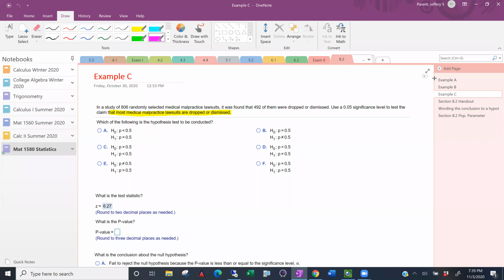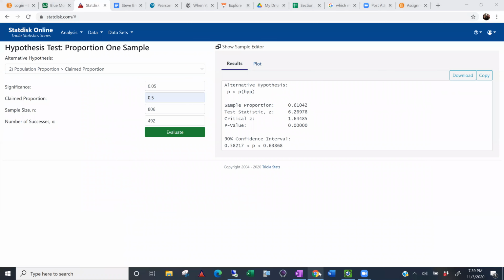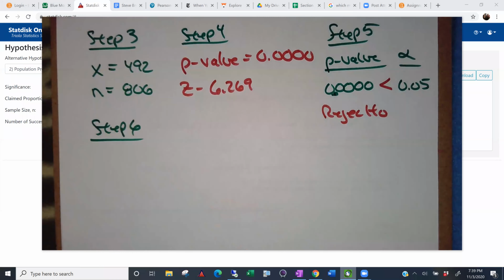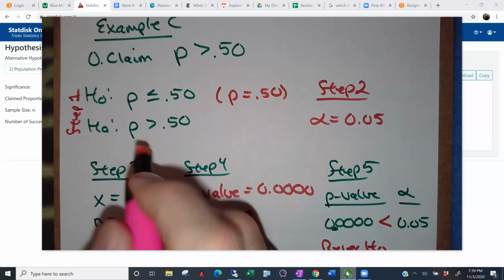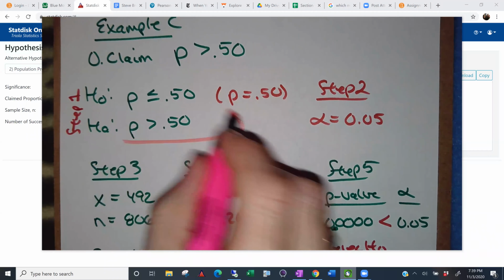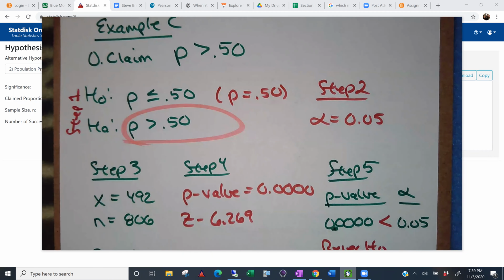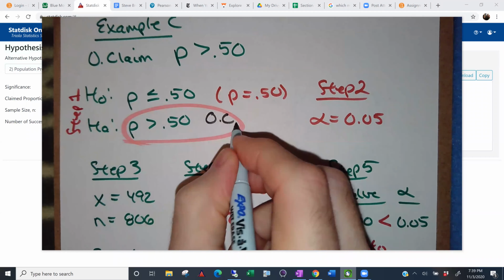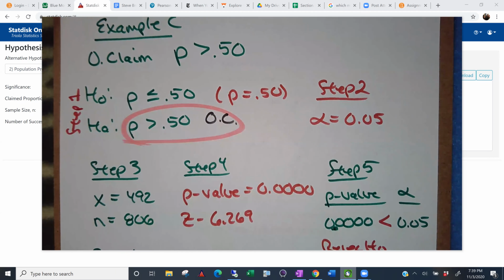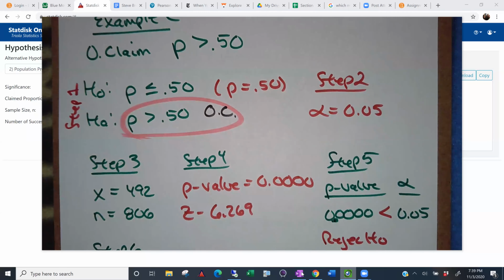So is that original claim? Oh, yeah, actually I did write it down. That original claim is part of which hypothesis? HA. HA, that's where your original claim is. So, okay. We need that to help make our decision here.